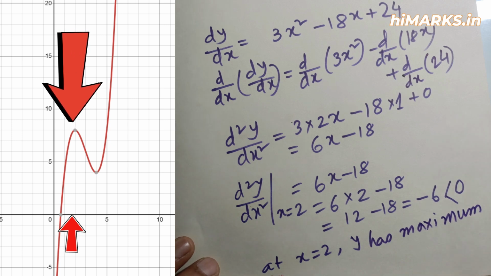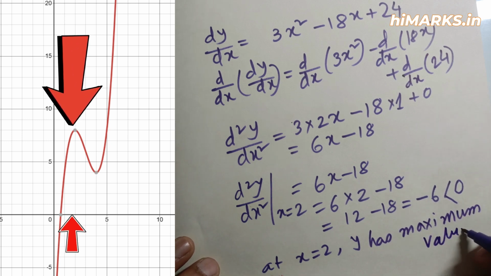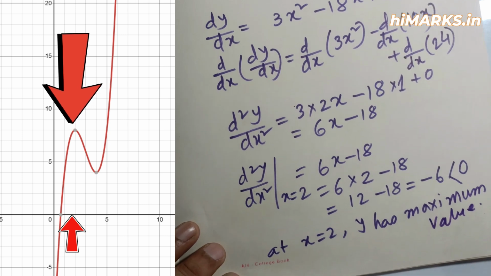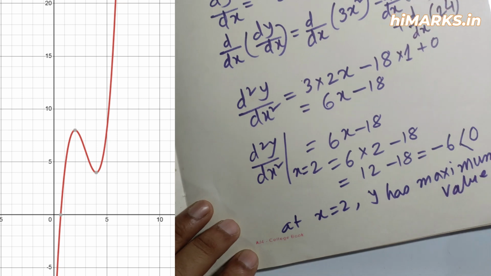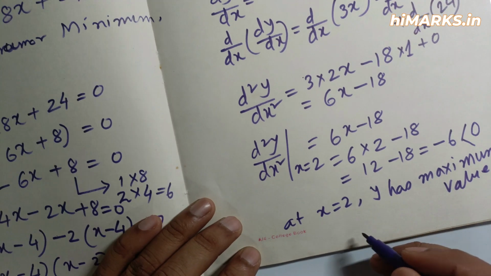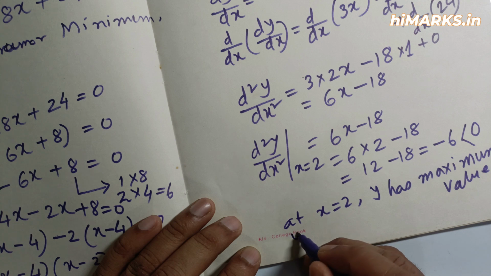So if the double derivative is less than 0, that will give a maximum value for the function. Y has the maximum value. So now if that's so, what is the maximum value?